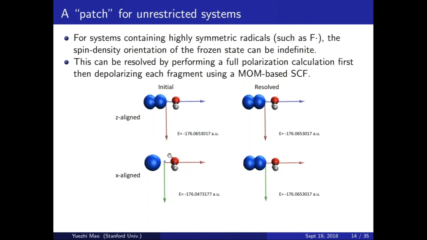An interesting thing we found is that if you align this system differently in the XYZ coordinates, you can get different frozen states, and so the EDA result will not be unique.